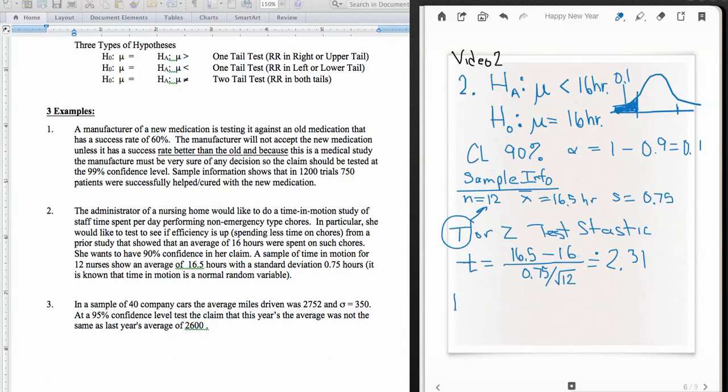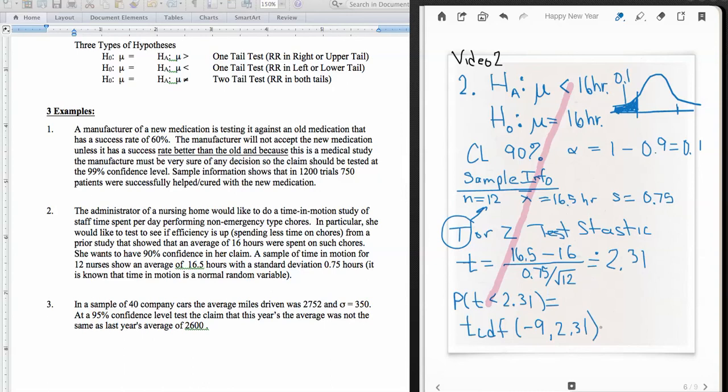But let me again reiterate how we would do this testing. This is the probability that a t is less than 2.31. Where did the less than come from? Remember, the less than comes from the fact that this is a less than test. Now, how do I find this probability? Well, this is a t distribution, so I'm going to use the t CDF. My lower bound is -9, comma, up to 2.31.